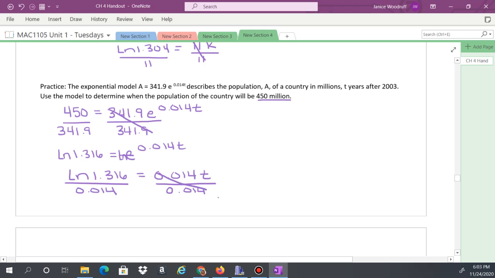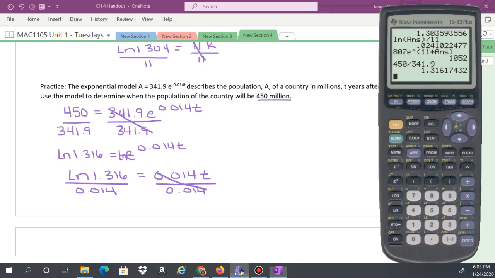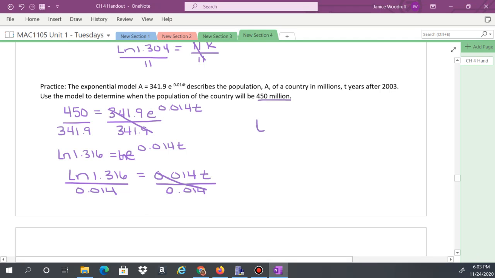Again, I want the actual time for this, so I'll do natural log, pull this answer, 1.316, divided by 0.014. It's going to give me 19.6 for my time. Then I want to answer the question, how many years after 2003?